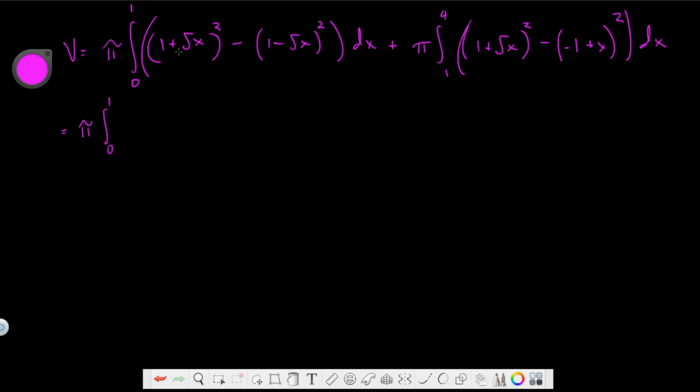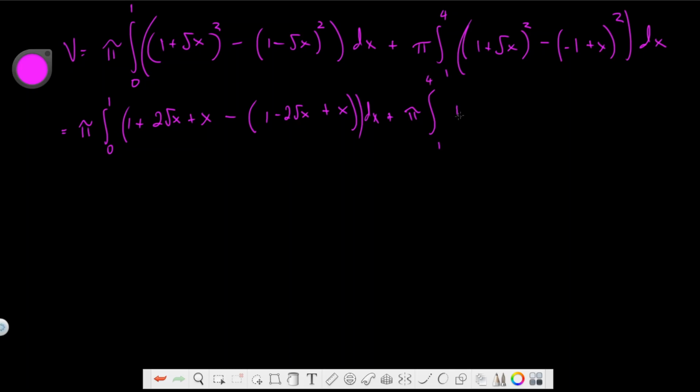So we got 0 to 1. I'm going to expand this, so that's going to be 1 plus 2 root x plus x minus 1 minus 2 root x plus x. Well, some things are going to cancel. That's pleasant. dx plus 1 to 4.